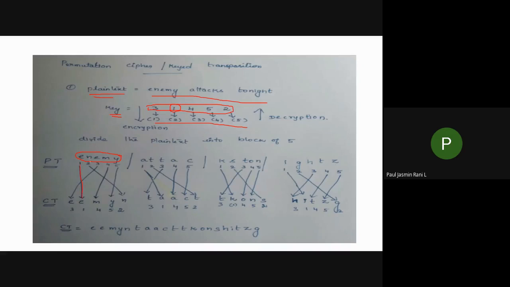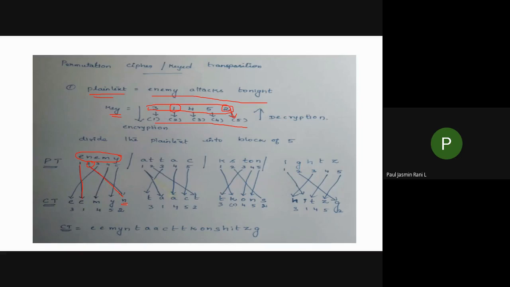Next one is N. N is in the second position. If it is in the second position, you have to move it to your fifth position. So this is your fifth position. Like this, you have to place and replace your alphabets. So this is for your keyed transposition.